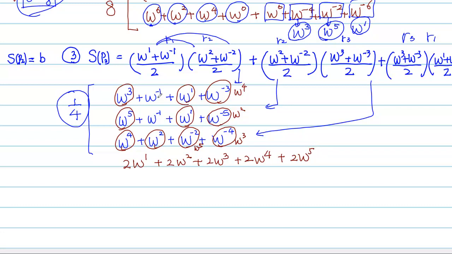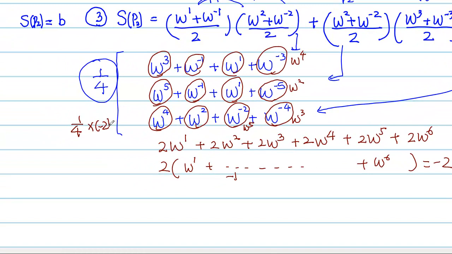And this is W6, W6, 2W6. You know that, right? 2 is out. All the way inside is W1 plus W2 up to W6, that's still negative 1, isn't it? So that is negative 2. So 1 fourth times negative 2 is negative 1/2. So the value of B equals negative 1/2.